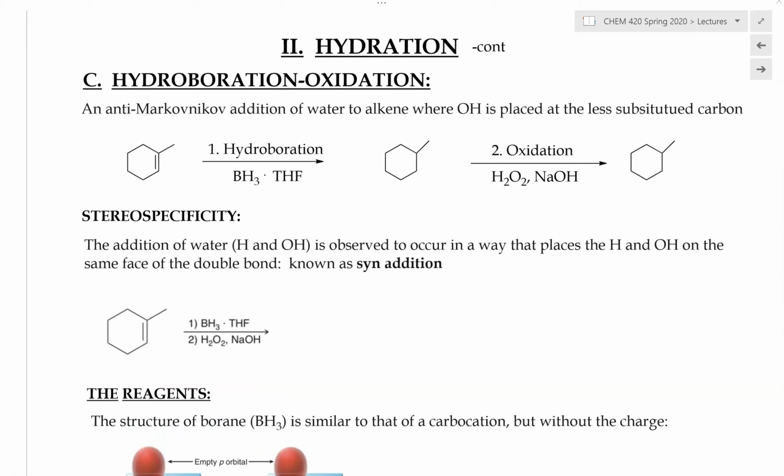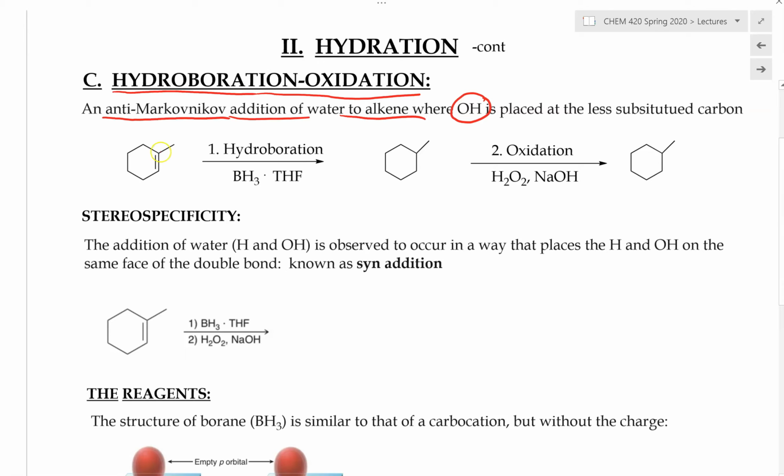And now we will discuss the third method of doing hydration. We call this method the hydroboration-oxidation method, or simply hydroboration. In this method, it will do an anti-Markovnikov addition of water across the alkene, where the hydroxy group is added to the less substituted vinylic carbon on the alkene.